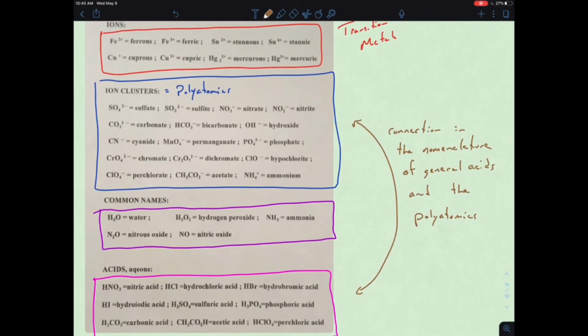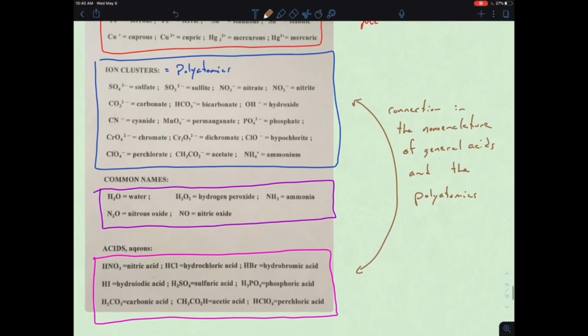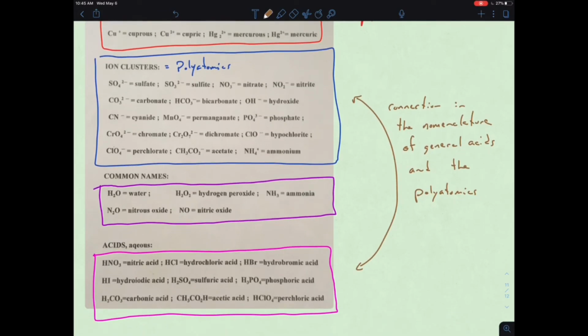Okay, we saw the stock system, but we might have to do some memorization as far as these Latin terms. The common names aren't too terrible, but the polyatomics tend to throw students a little bit more because there's just more of them. And there's a lot of similarities that we see with it too, like sulfur and oxygen, but different amounts of oxygen, different charge, or nitrogen, oxygen, same gambit, different amounts of oxygen, but same charge. So it's kind of an interesting scenario.